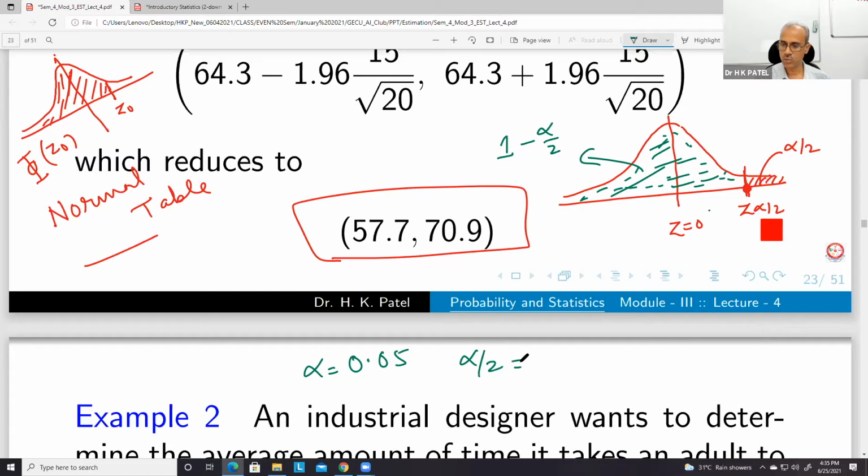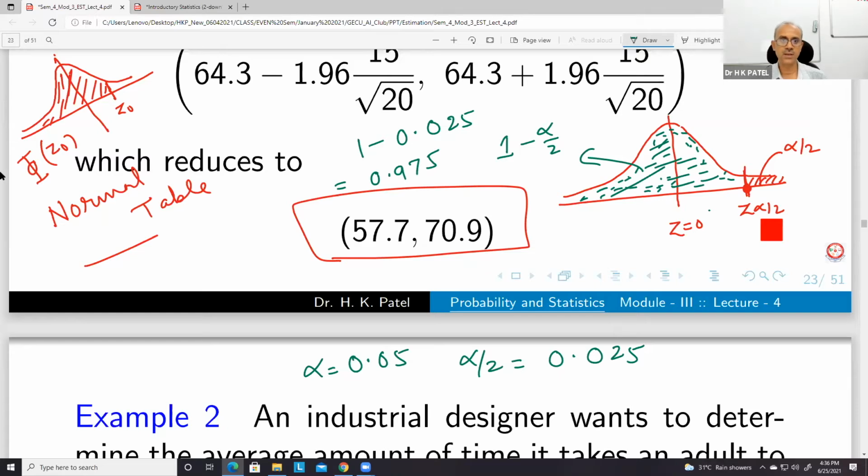So alpha by 2 will be 0.025. So this is actually 1 minus 0.025, which is 0.975. So this green area is 0.975. So in the table, you search this value.